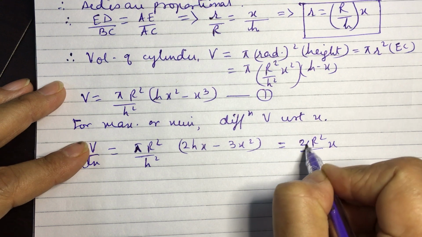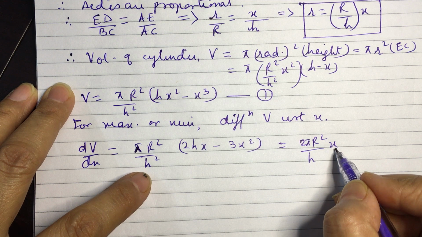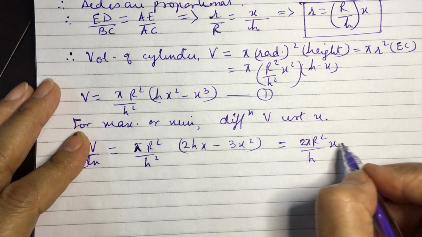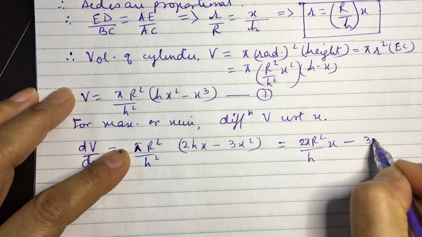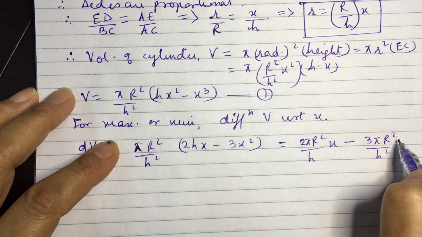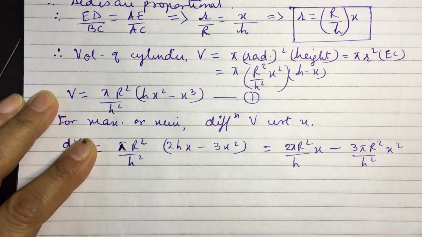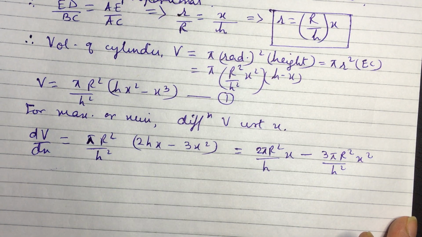So 2 into pi into r square into x upon h minus the other term comes out to be 3 into pi into r square over h square into x square, okay. Now this is what we have.